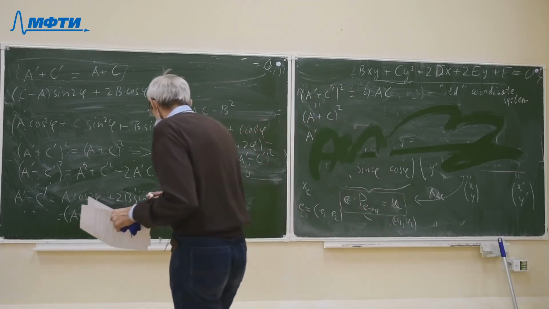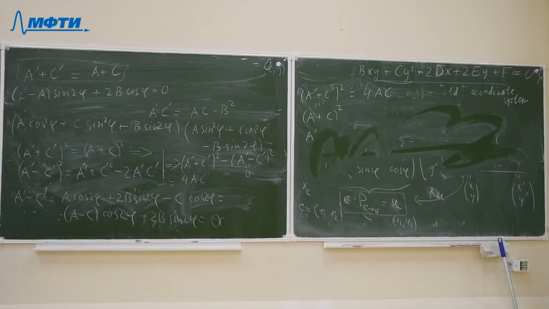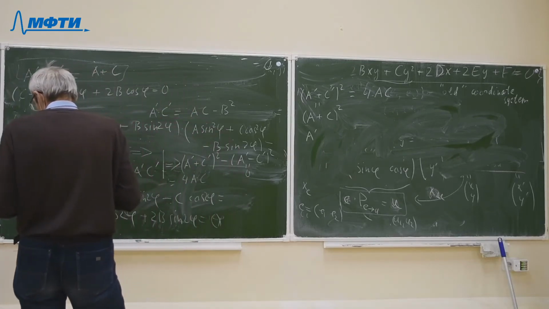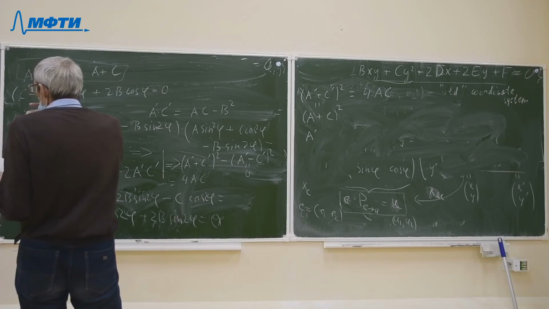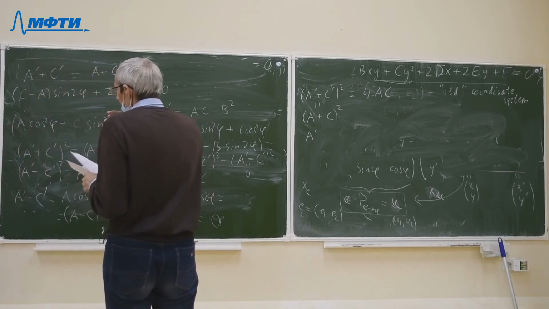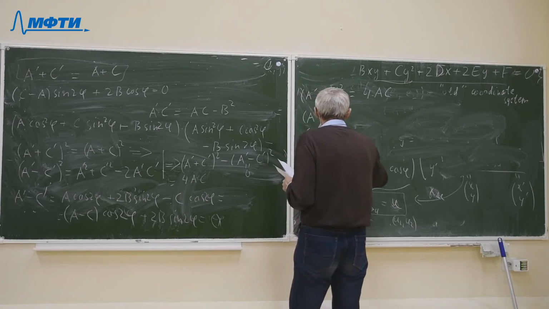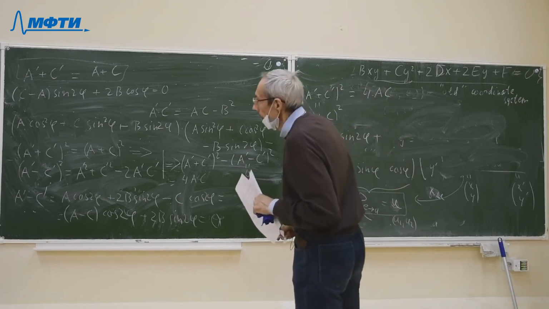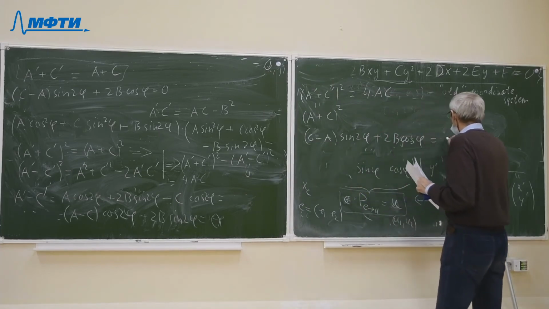Maybe mistake. We obtain that this term is equal 0, and (A minus C minus A) sine 2 phi plus 2b cosine phi is equal 0.